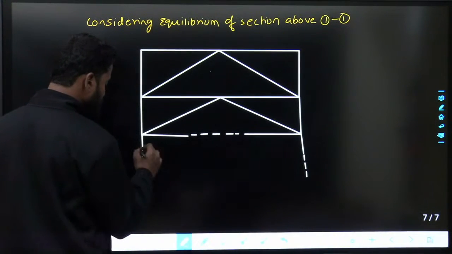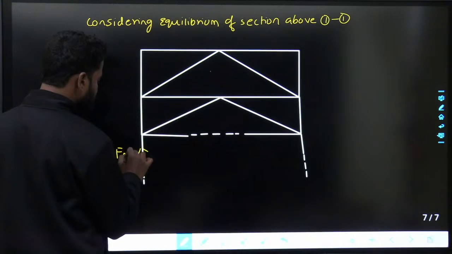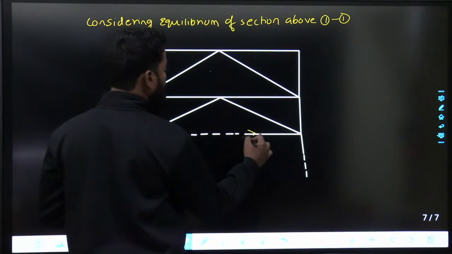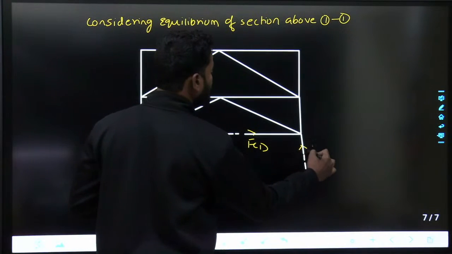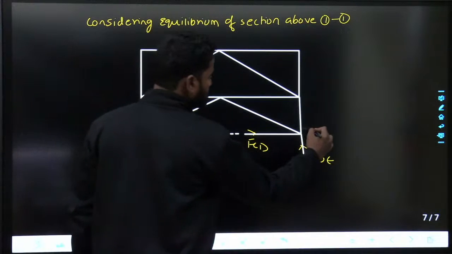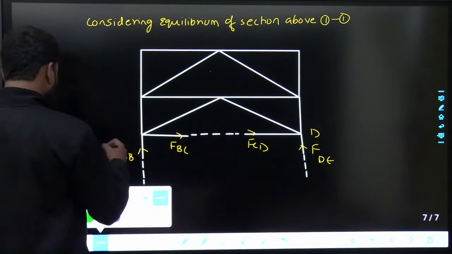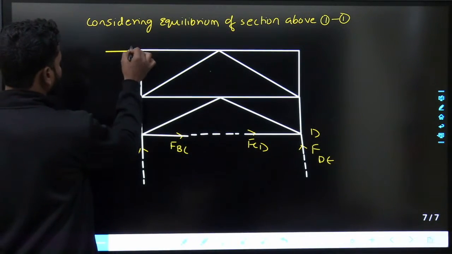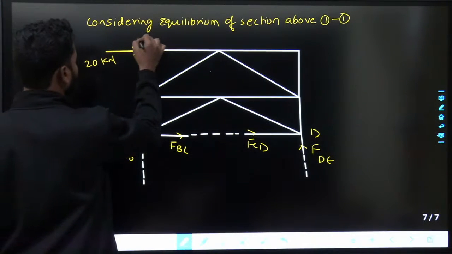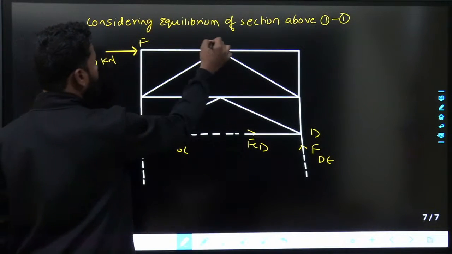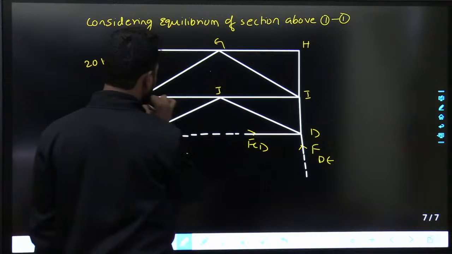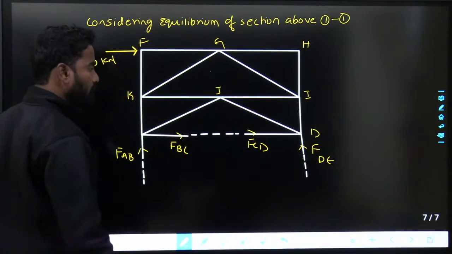Fine. So this is FAB, this one is FBC, this one is FCD, and this one is FDE. This is D. This is 20 kilonewtons. F, G, H, I, J, K. Fine.